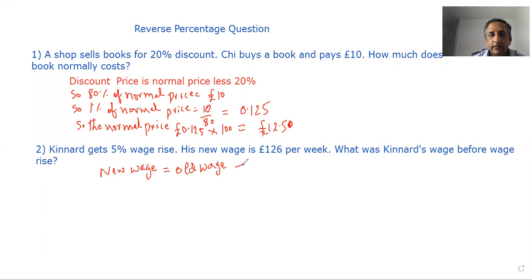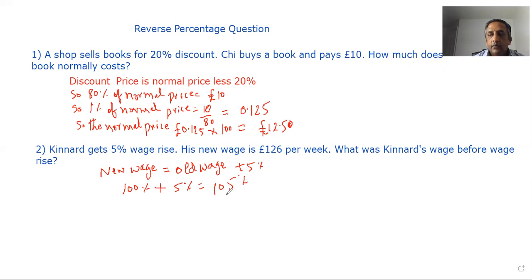plus 5%. Obviously, that was the wage increase. So what we do then, for example, the old wage was 100%, and on top of that he gets another 5%. So when you add them, you get 105%.